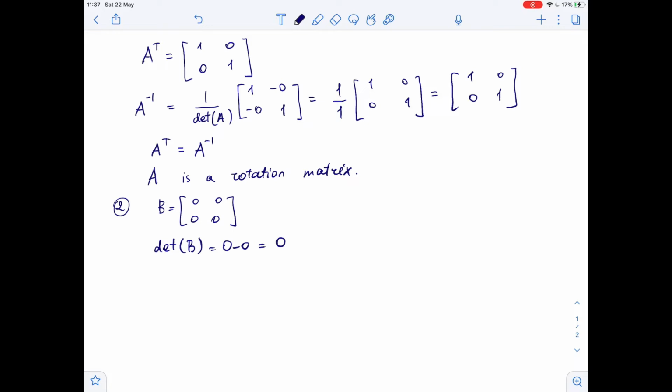That means that the determinant of matrix B is not equal to 1. So matrix B cannot be a rotation matrix. We don't even need to look at the transpose or the inverse of matrix B, because the determinant doesn't meet the requirement. So matrix B is definitely not a rotation matrix.